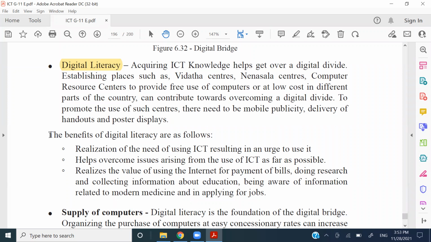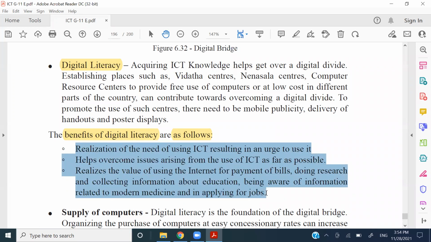Then after, there can be benefits of digital literacy as follows. Then you can copy these things.